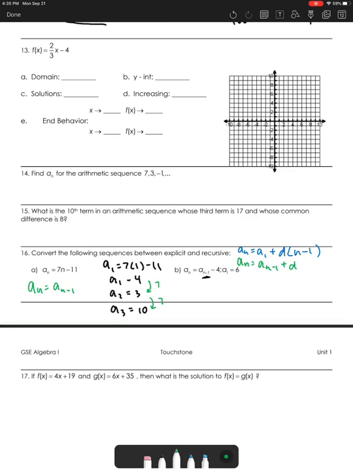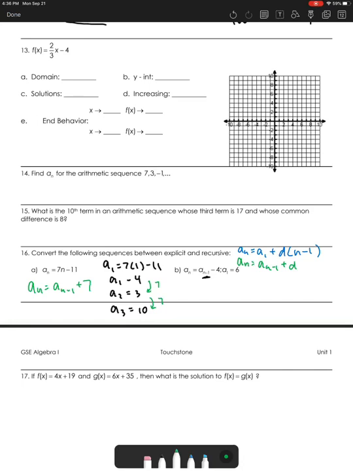And so how you're going to write this recursive formula is a sub n equals the previous term plus 7. If you have questions on this, come to class with your questions. Kind of straightforward. All you have to do is plug in the common difference, and do that by finding the first, second, third term, and then find out what goes between them.